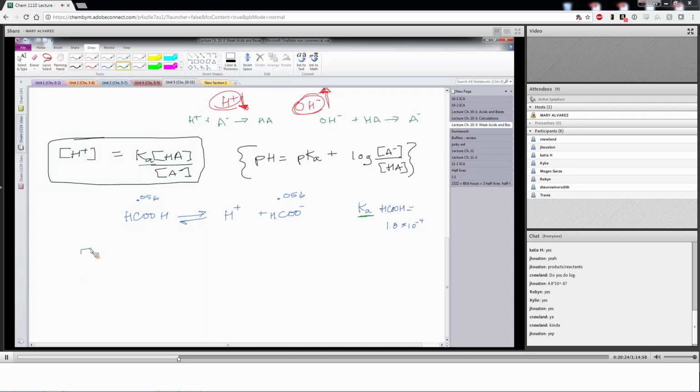So I know that my H+ concentration is going to be the K sub A, which is 1.8 times 10 to the minus 4th, multiplied by the acid concentration. Now, which is HA? Which is my acid here?